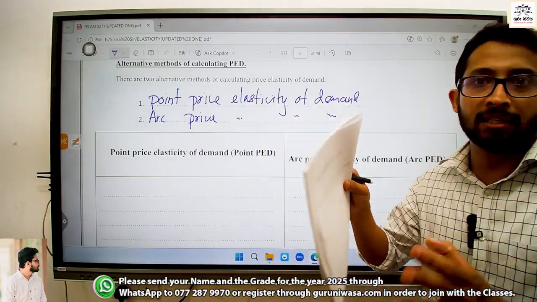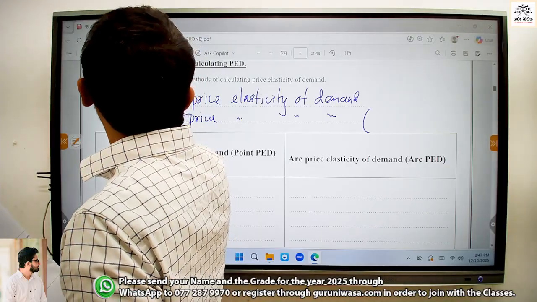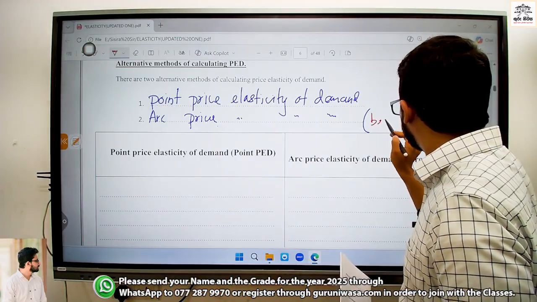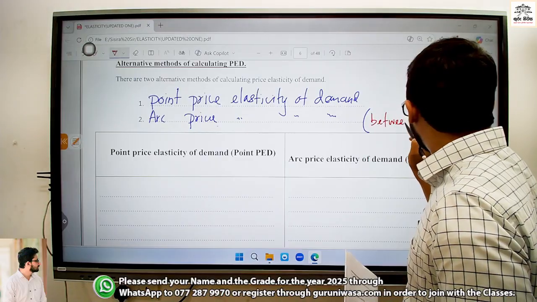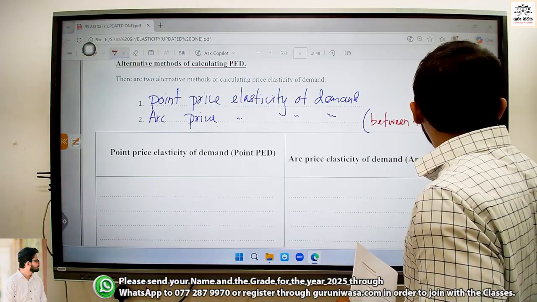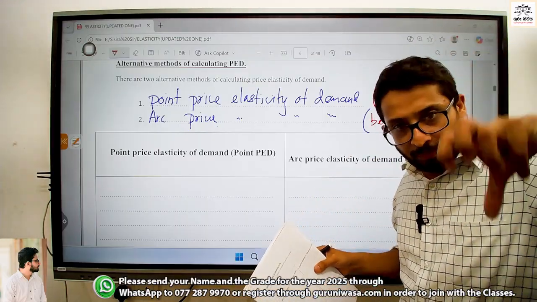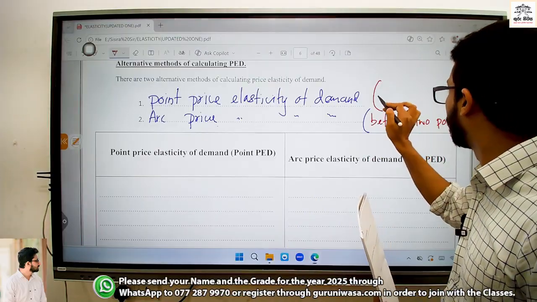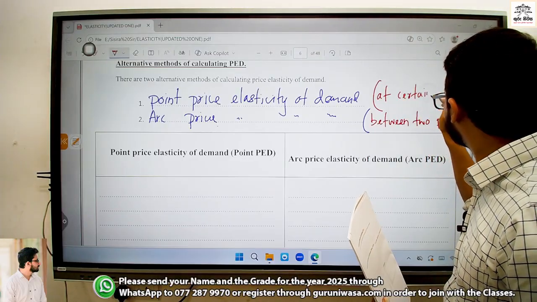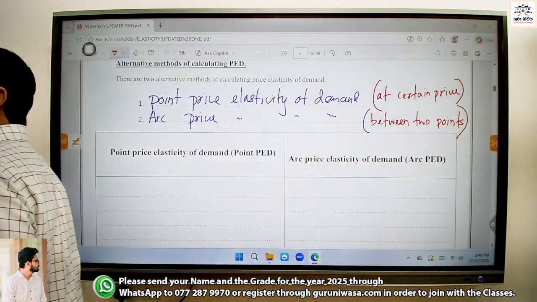Arc means between two points, between two prices. Point means PED at exactly one point, at a certain price. Now there is a main difference.